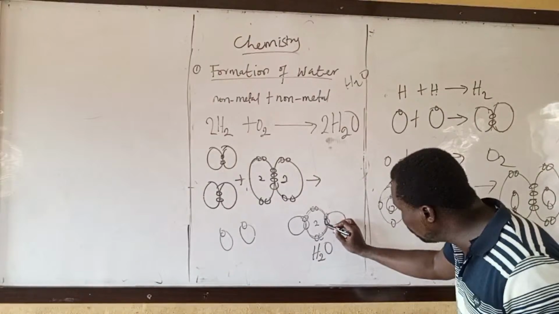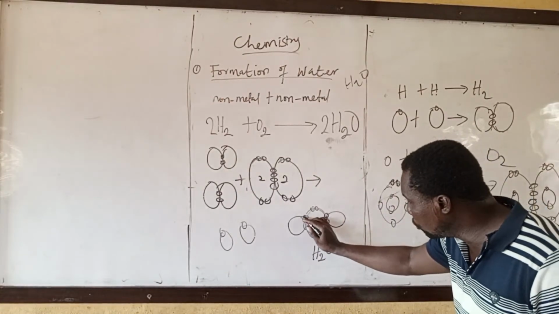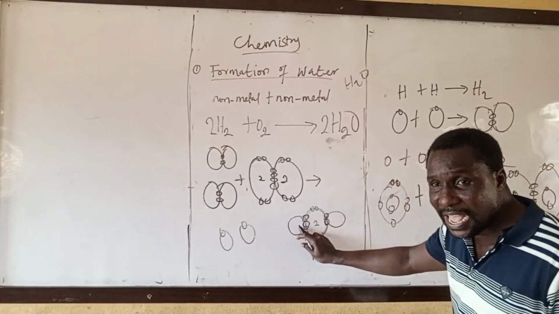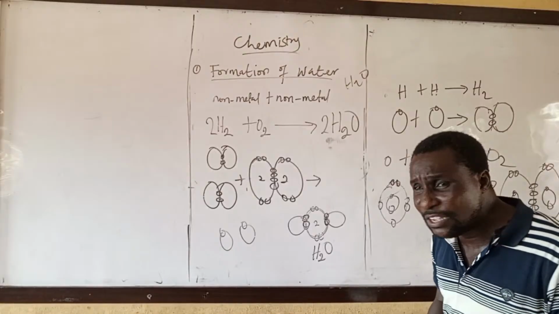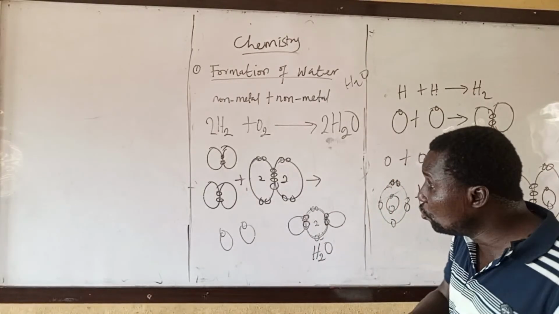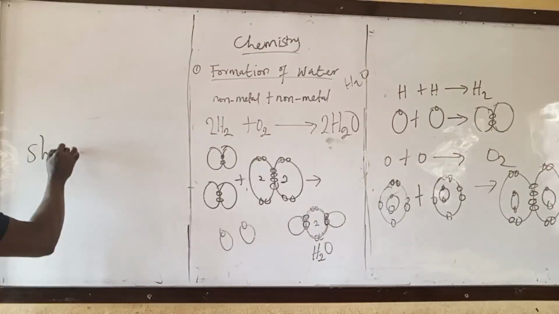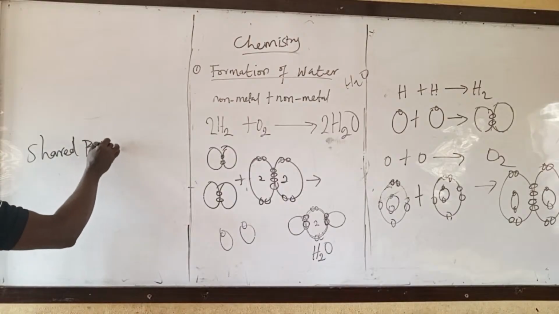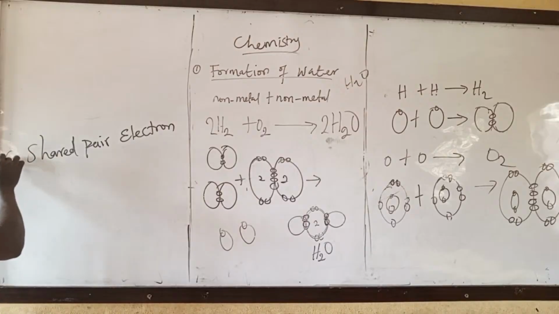You know that these two electrons are shared between hydrogen and what? Oxygen. When you have two electrons being shared, it is known as what? A shared pair electron. A shared pair electron means how many electrons?